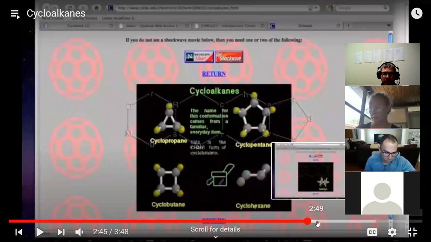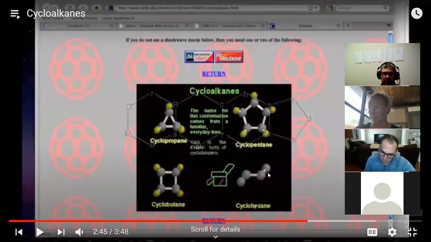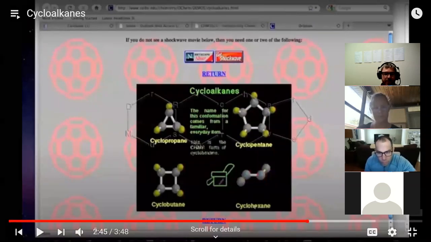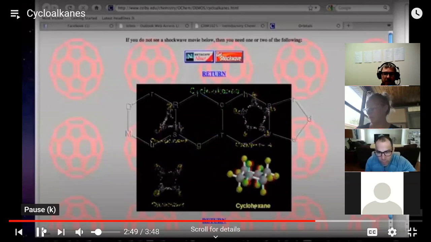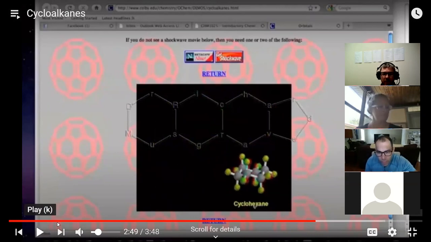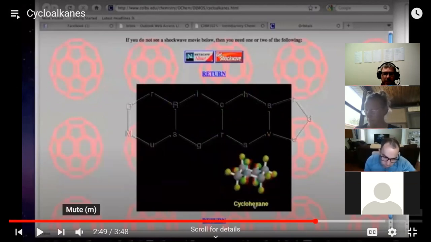And it looks more like a chair. That's why it's called a chair conformation. Like a sofa, looks like a sofa. Lazy boy, I should call it lazy boy conformation. And you can see in the chair conformation, none of the hydrogens are eclipsed, which makes that pretty stable.